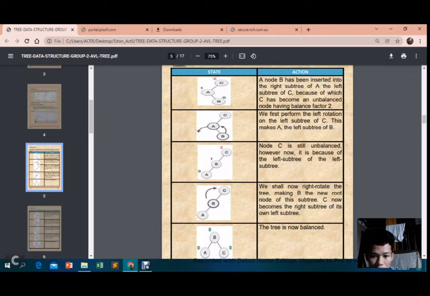And now to the third image, it shows that the node C is still unbalanced. However, now it is because of the left subtree of the left subtree.